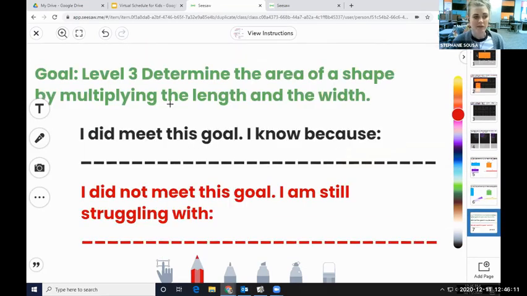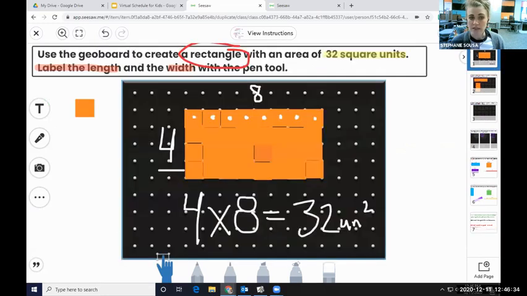On slide 7, determine the area of a shape by multiplying the length and the width. You're going to tell me, I did meet this goal or I did not meet this goal. So tell me how you think. Either yes, I did it and I know it because, or no, I didn't do it. I was struggling because, and let me know. Okay? This is your assignment.